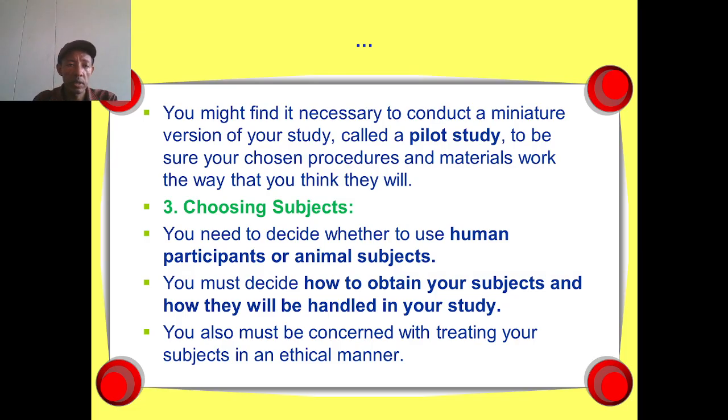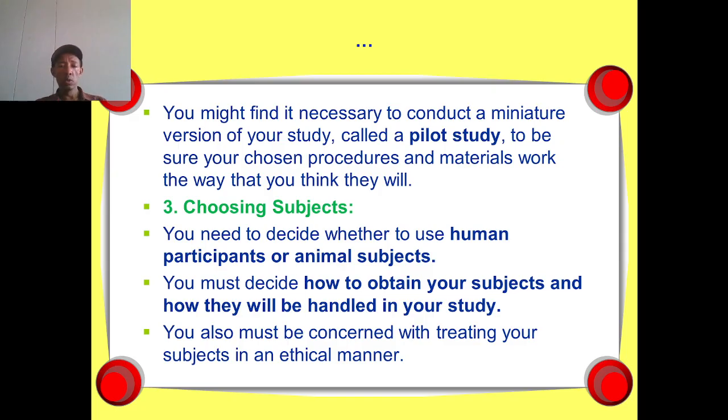The third component is choosing subjects. You need to decide whether to use human participants or animal subjects, where or to whom you administer the research measure or tool or instruments.